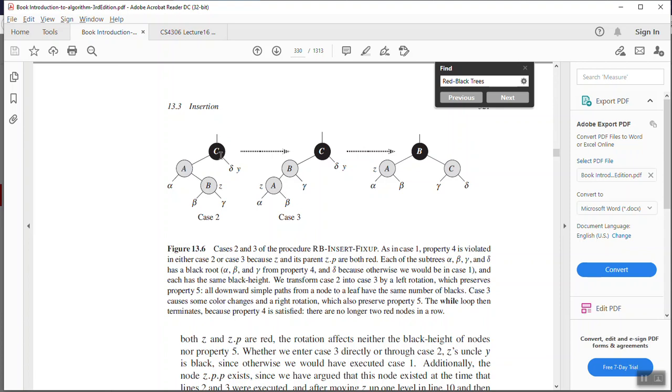When they move over here, you do a rotation over here. This is the left-right rotation.